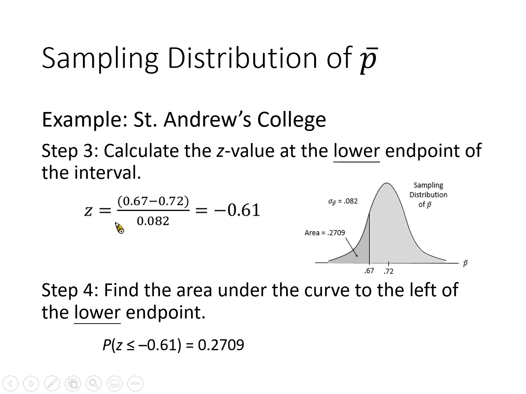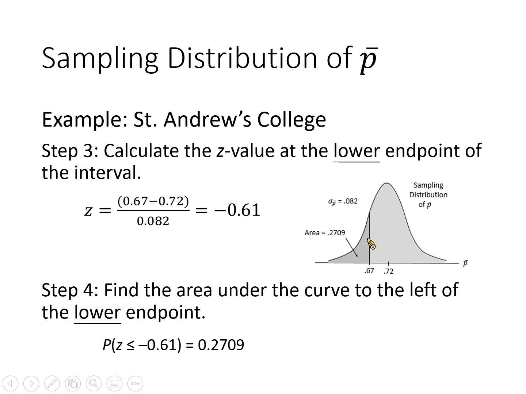For the lower endpoint, use 0.67 minus 0.62 and divide by the standard deviation. Then you get a z-value of negative 0.61.